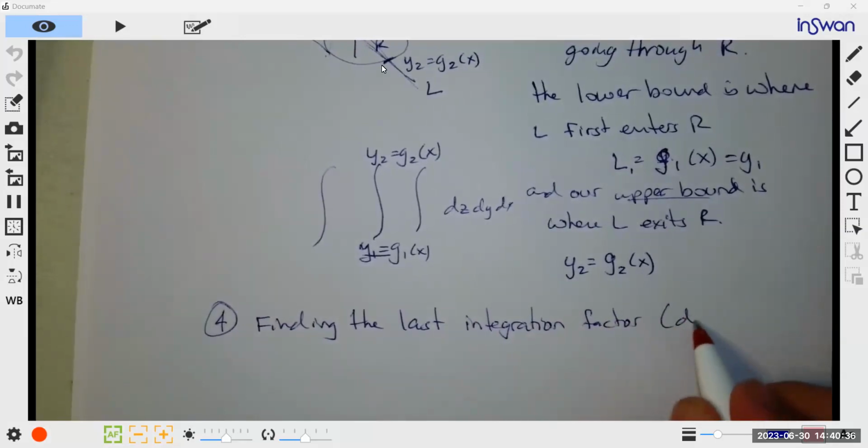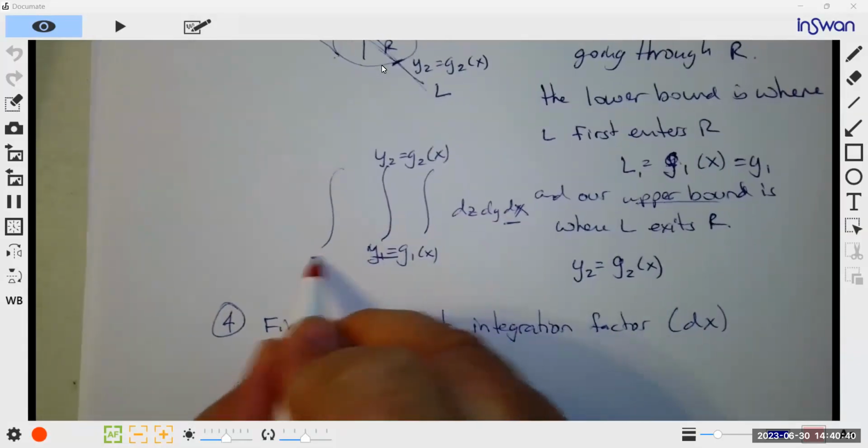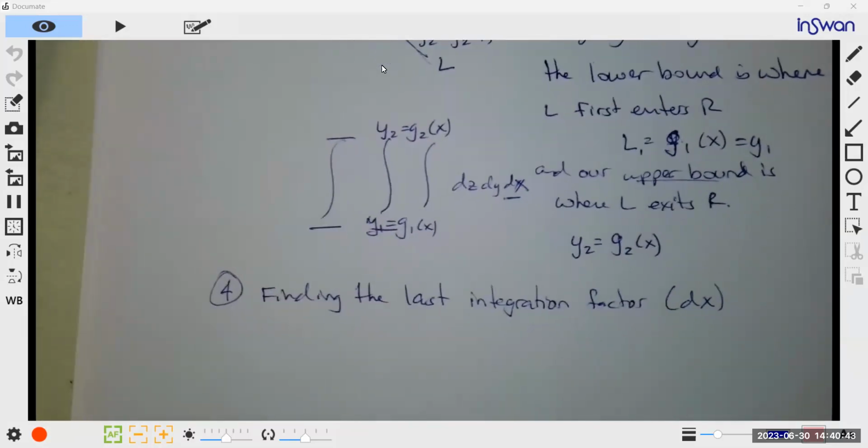In this case, it's going to be dx because it's the last one. We're going to find the upper and lower bounds there.